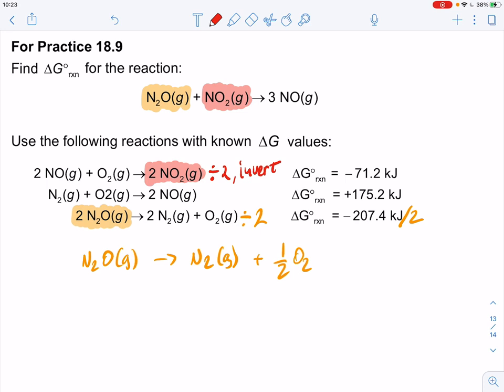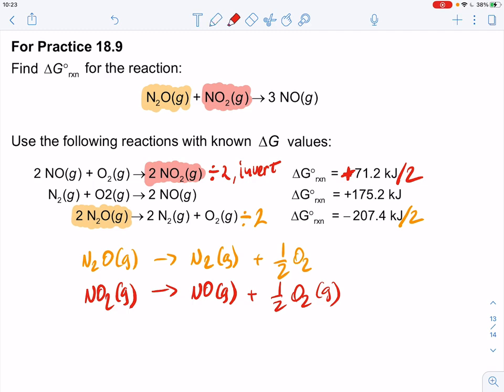So you have to invert that. So we have to change the sign of this and we have to divide by 2. If we rewrite this equation, then now we have NO2 gas on this side, and we have 1 mole of nitrogen monoxide plus half a mole of oxygen as a gas. Okay?